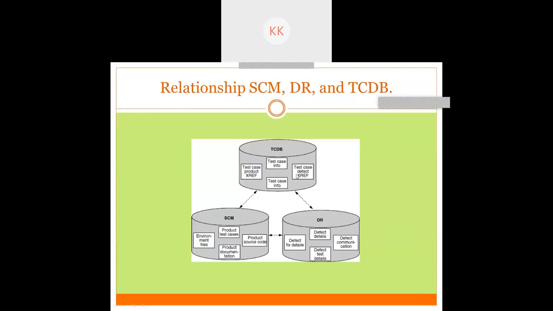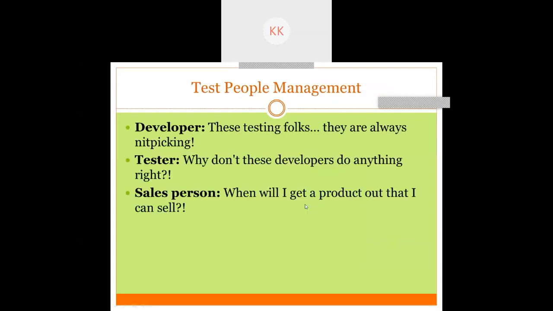We have already seen in the table. Then test case defect reference. Here we are having defect details, defect fix details, defect test details, defect communication details. Then SCM has product test cases, then environmental files, product documentation, product source code. It is very important. It is generally asked in the exam.